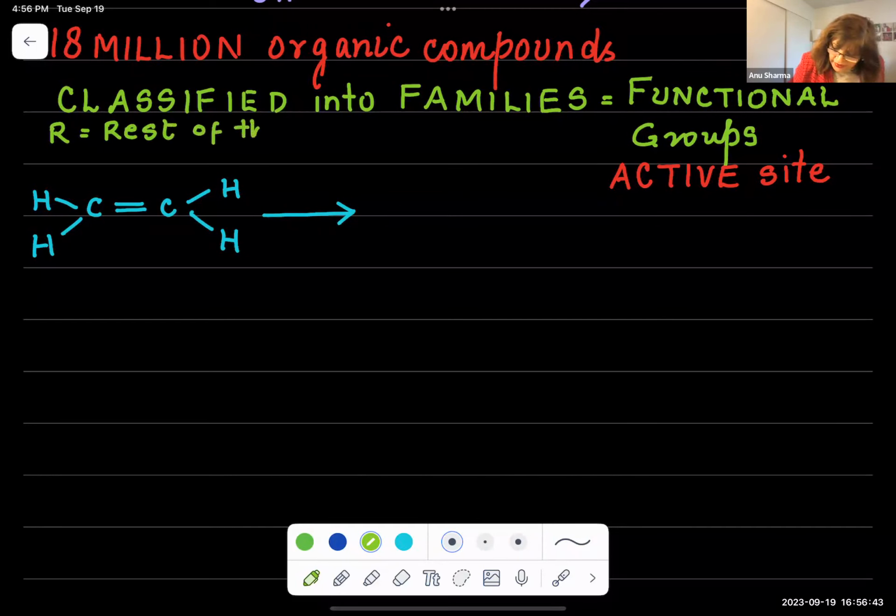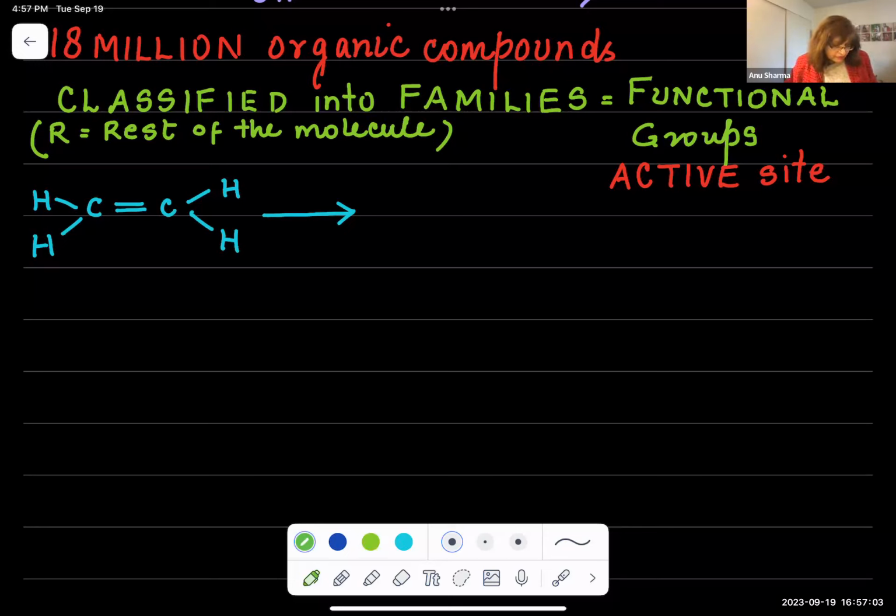So we don't have to write down all this excess, we are only interested in the active site. So that active site is that functional group site. So here we see it is these two hydrogen.